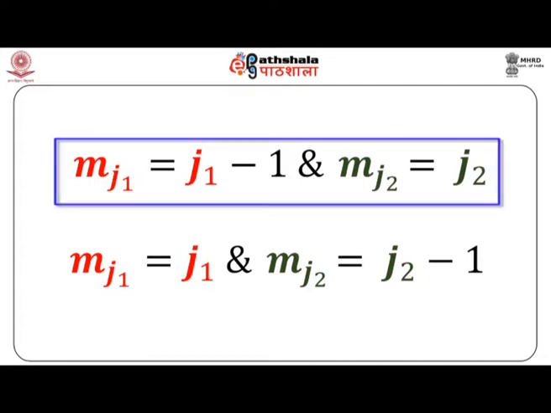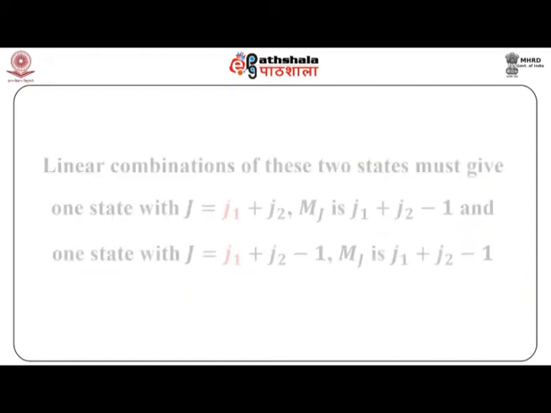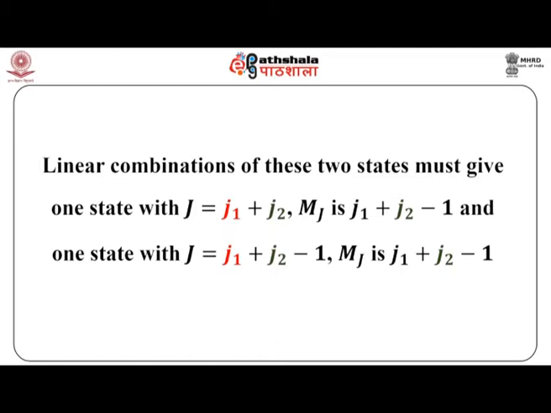Number one, where mj1 is j1 minus 1 and mj2 is j2, and the other case where mj1 is j1 and mj2 is j2 minus 1. Now a linear combination of these two states gives one state with J equal to j1 plus j2 and one state with J equal to j1 plus j2 minus 1, corresponding to capital Mj as j1 plus j2 minus 1.